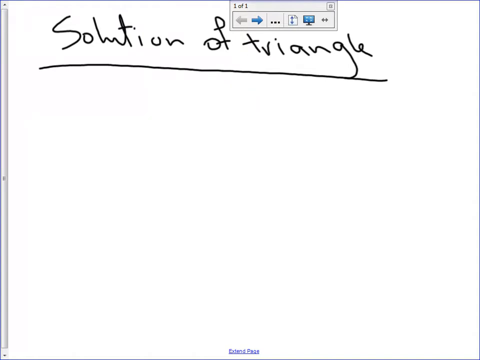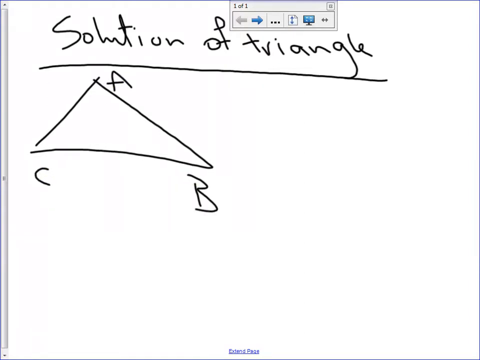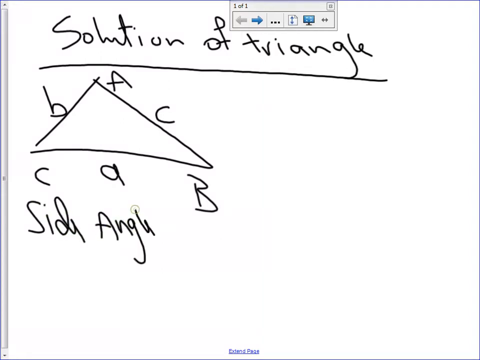You will depend on what? You will depend on the sine rule. What is the sine rule? If you have here A capital and B capital and C capital, then A small is the side opposite to the angle A, and B small is the side opposite to the angle B, and C small is the side opposite to the angle C. So we can use here, firstly, if we have a side and the angle opposite to it.